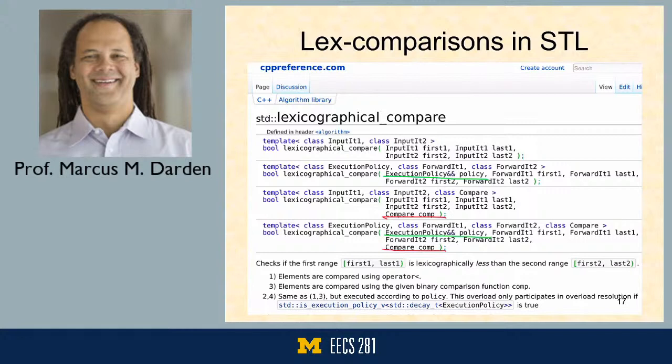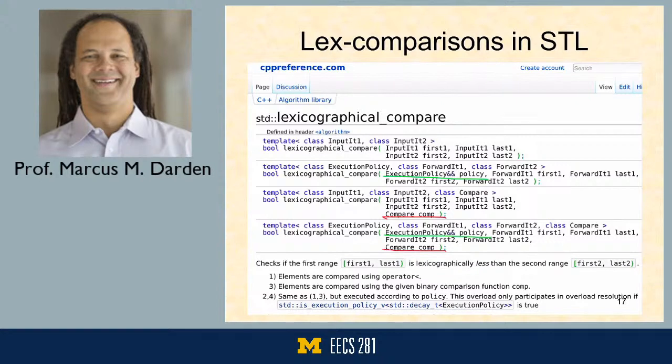In equal, we didn't really care where the second string ended, but with Lex Compare, we have to know where the second sequence ends, because we can't determine whether or not we've got a -1, a +1, or a 0 if we don't know if the second string is over yet. So we need to send in 2 iterators per sequence here, so then I can check to see whether we are actually lex compare equal, less than, or greater.